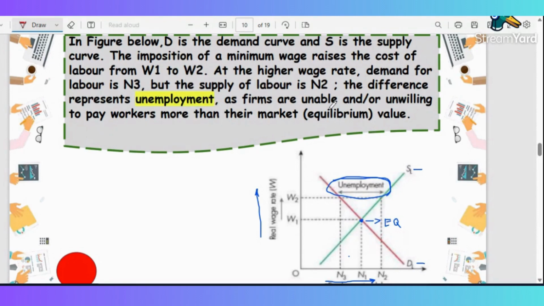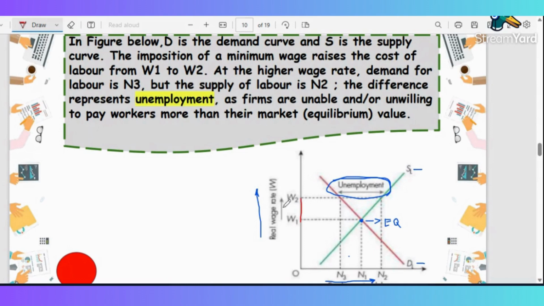Now, the imposition of a minimum wage raises the cost of labor from W1, wage 1, to wage 2. We see where it's going up like this, right? At the higher wage rate, which one would be the higher wage rate? The one above here, the top, W2, wage 2, right?